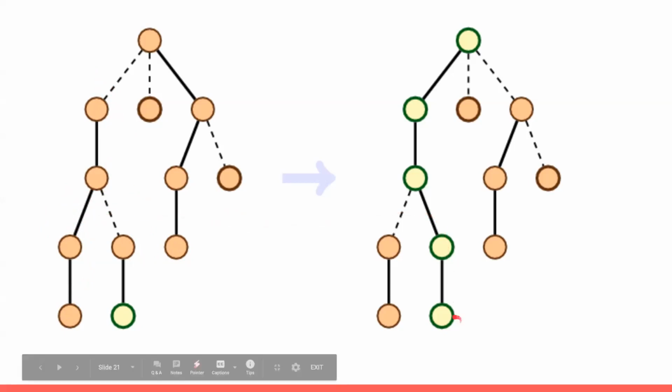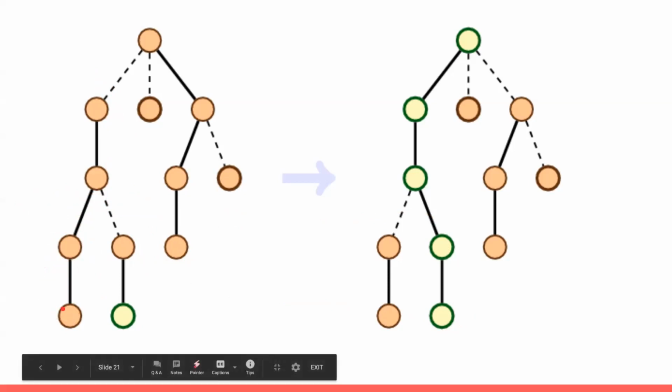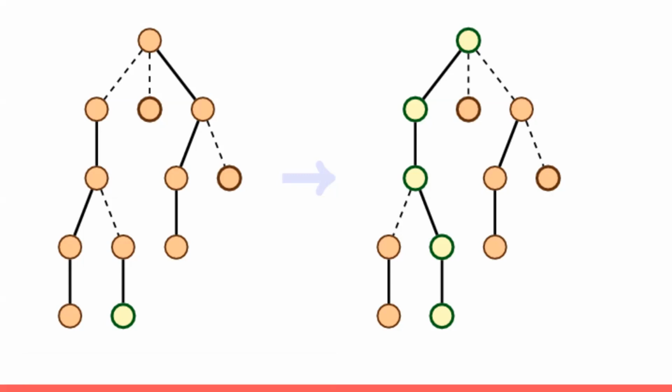But at some time, for example, if we make a query on such a vertex, we'll make this edge light, and then this edge will not be heavy. But if this edge was already heavy, we don't really need to change it to light, so it just stays heavy. Is that answering your question?